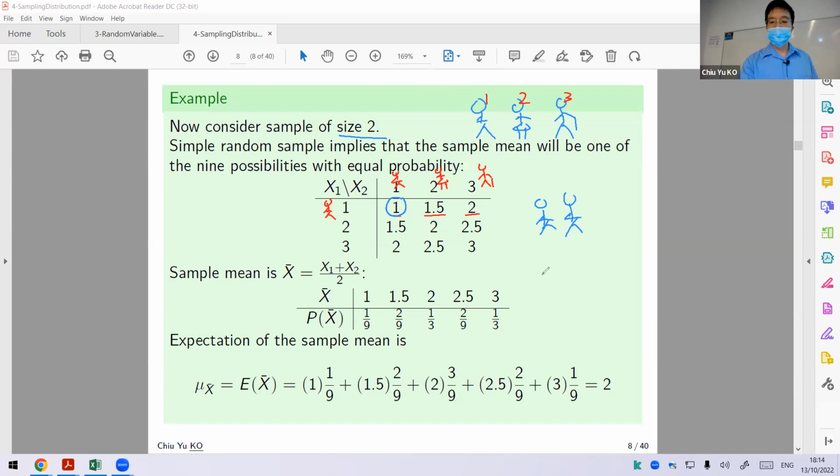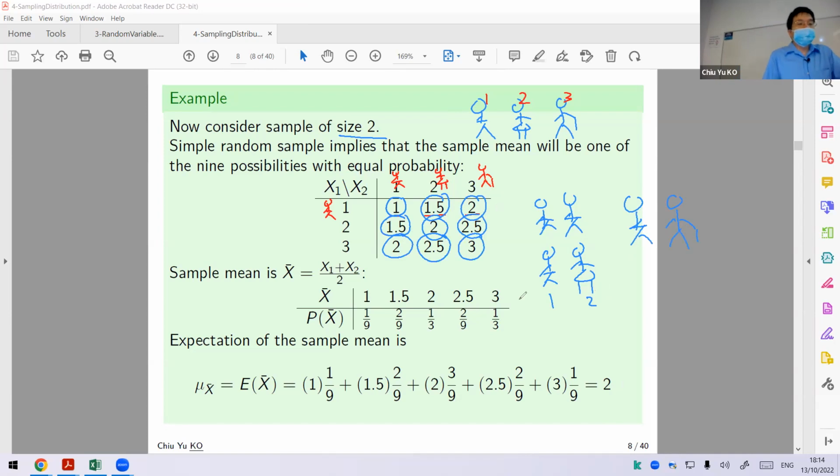This entry means I have a boy and a girl: the boy earns $1, the girl earns $2, so it's $1.50. This entry means a guy and the old man: $1 and $3, so $2. I'm not going to go one by one, but all 9 entries have the same probability, because anything is equally possible. That's called a simple random sample.